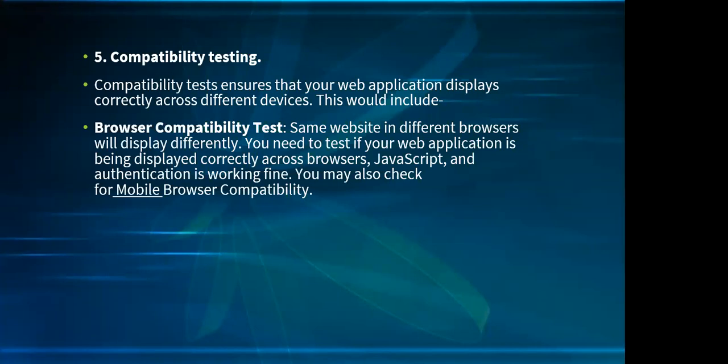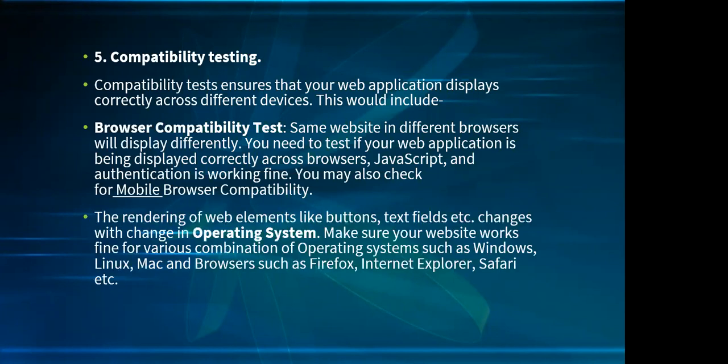All these are just ensuring that the application works in all various browsers. I'm going to show it to you in a few minutes. So these are different operating systems, as I've said. You check the buttons, the elements, the fields, the text field. These are the things you check when you're doing compatibility testing.